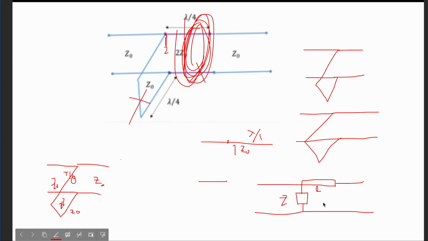True or false? If your input impedance is not infinite, it has some finite value, then again it will act like a shunt. So the effective network will have a shunt and also a series transmission line. Got it?